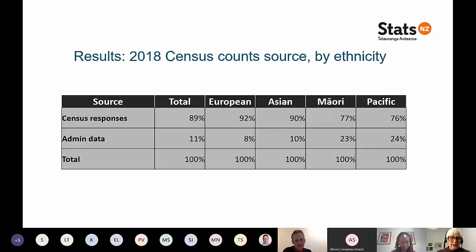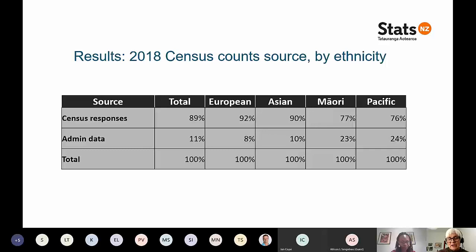That's not the final measure. We will be releasing in a week or two the coverage measurement that we undertake with our coverage survey. So there's a little bit of undercoverage in that data, but the census data set is 89% responses and admin data. But if you look at the ethnic groupings of response versus admin data, you can see very marked differences.